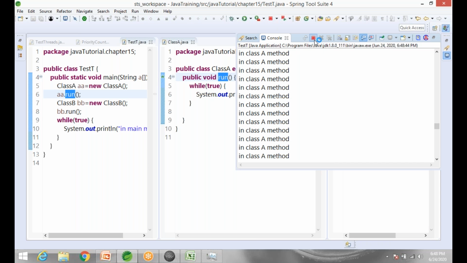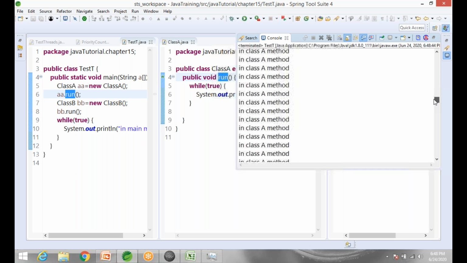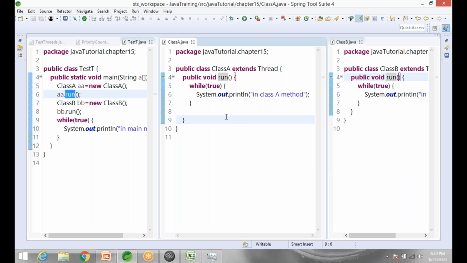Look at the output. Is there any main method or class B this time? No. So this was treated like any other method, a sequential program. So the start method is the one method which actually runs the other program in a separate thread parallelly, not sequentially.